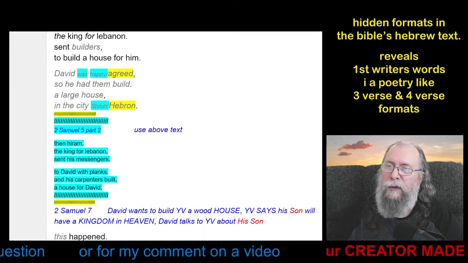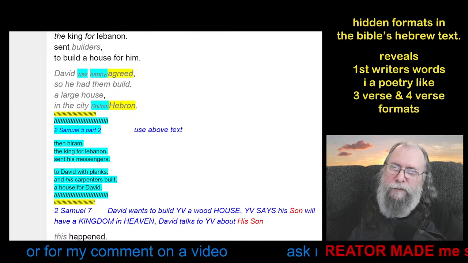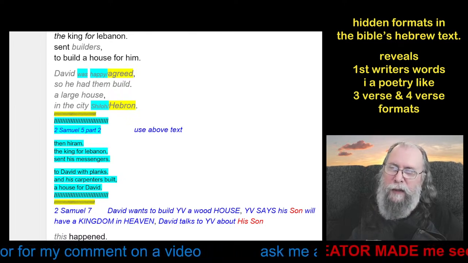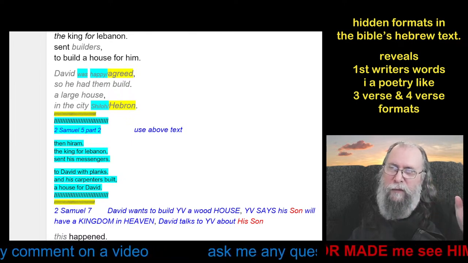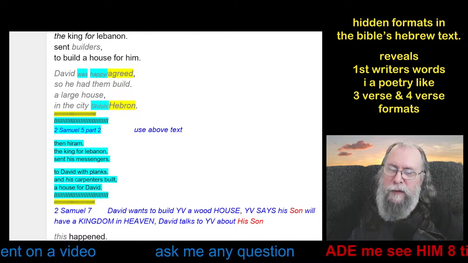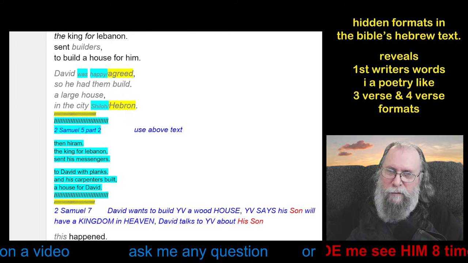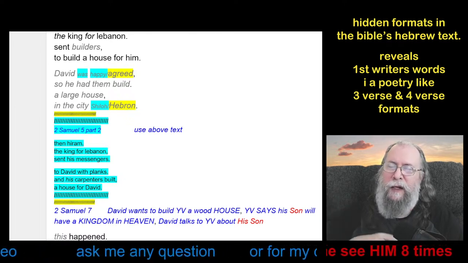Shiloh to Hebron. This was important because of the way I understood our creator's hidden format, that the building of David's house by the king from Lebanon was questionable in that story.